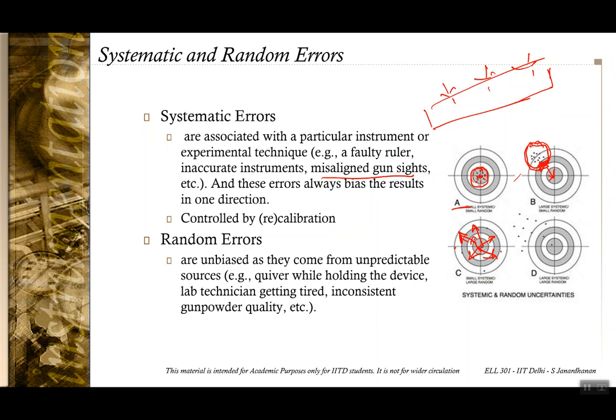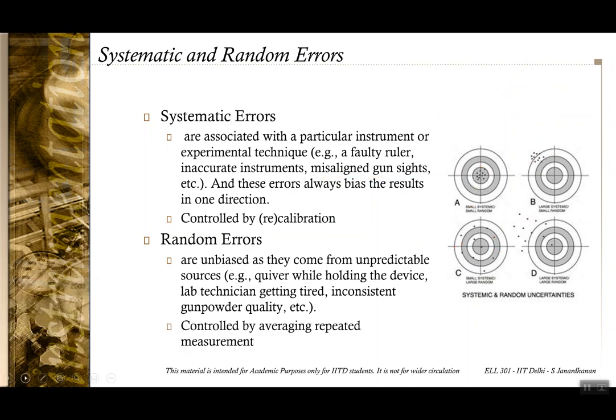And so the way to combat the systematic or the random errors is that for systematic errors, you need to recalibrate the instrument, and after recalibration, this bias can be corrected. Say, for example, you have a spring balance which is going to indicate 0.5 kg when there is no load, so it's known that it has a systematic error of plus 0.5 kg.